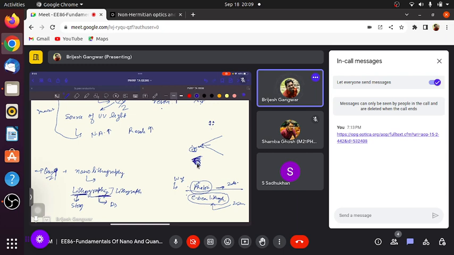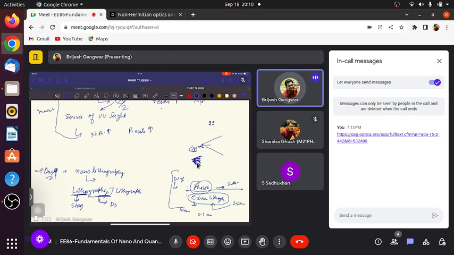But e-beam has higher resolution, because if you calculate the wavelength of the e-beam, it comes around 0.1 nanometer. That's why e-beam lithography has higher resolution than photolithography. This is just for information.